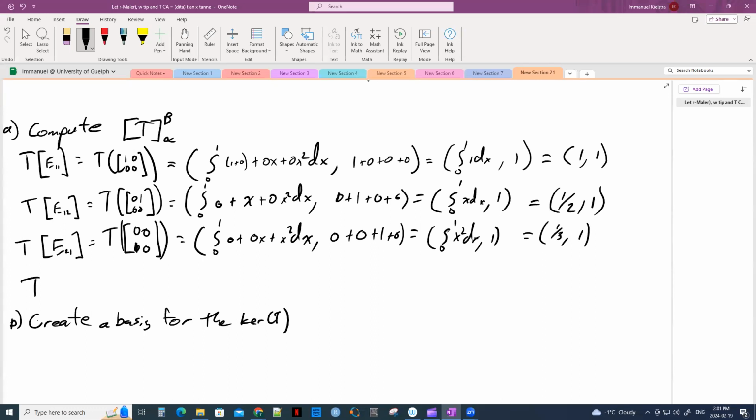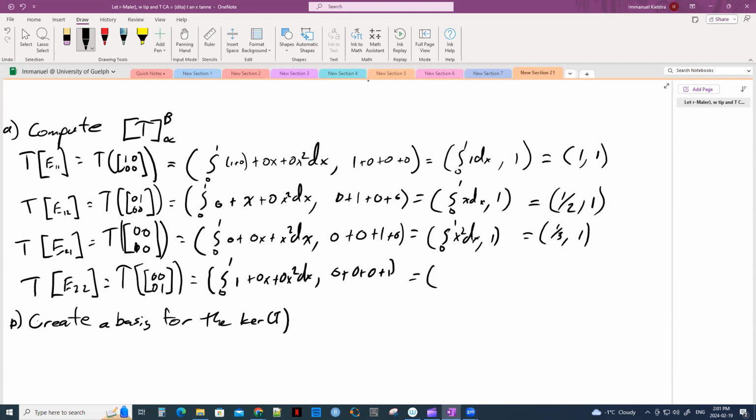And finally, we're looking at what T does to E22, which is T of 0, 0, 0, 1, which equals the integral from 0 to 1 of 1 plus 0x plus 0x squared dx, comma, 0 plus 0 plus 0 plus 1, which equals the integral from 0 to 1 of dx, comma, 1, which equals 1, 1.